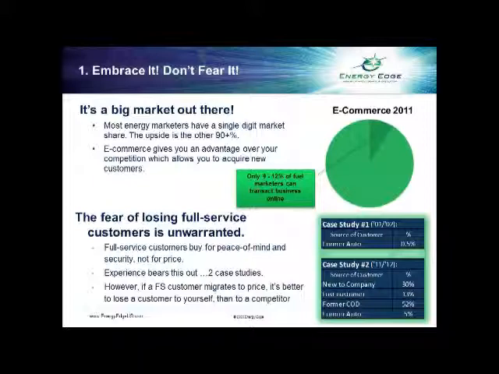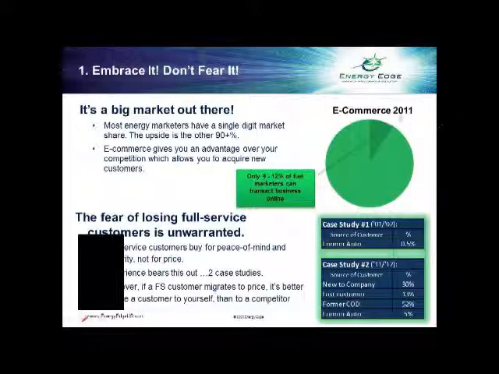One of the things that we have seen, and certainly we learned ourselves when we were doing it ourselves, is e-commerce gives you a distinct competitive advantage, which allows you to acquire significant new customers when they can get the type of service like online from you compared to your competitors. There's also a huge opportunity. Let me just highlight this for you so this is clear. If we look at this pie chart over here, as best as we can tell today, there's still only somewhere around 9 to 12%, probably closer to 12% now, of companies in the fuel business that actually offer the ability to transact business online.